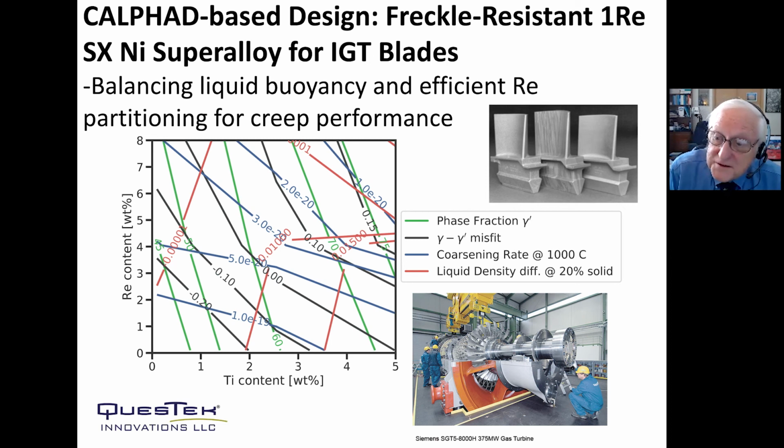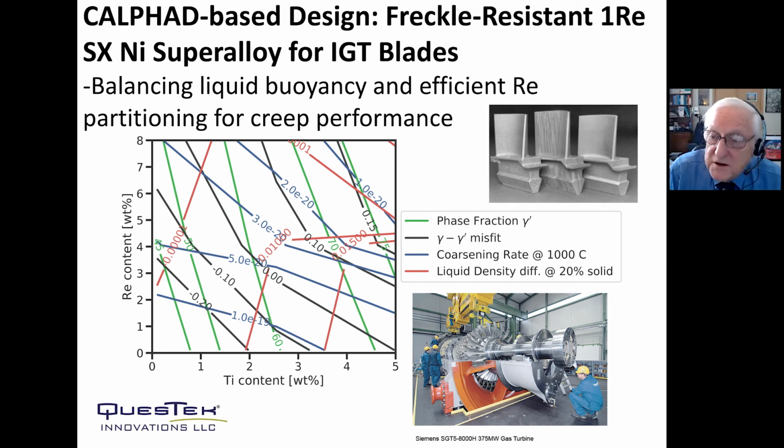So fortunately, within the last 5 years, we got the opportunity at QuesTek under DOE support to return to this problem, and using some new uncertainty management strategies for CalPhAD-based design that came out of the DARPA AIM program and some follow-on programs, we were able to down select the best available database for each attribute that we needed to control, and succeeded in delivering a 1 rhenium alloy with the processability of a rhenium-free alloy, which meant it could go all the way to IGT scale.